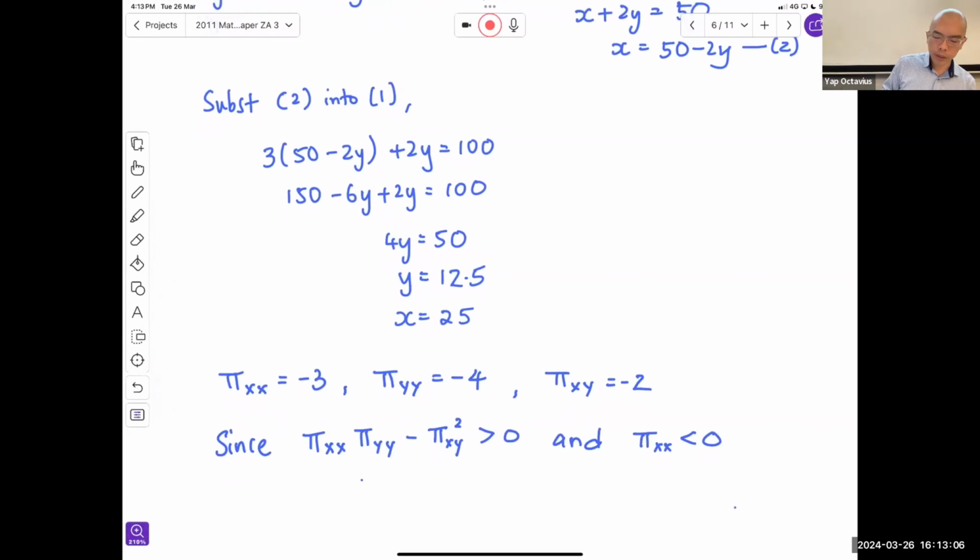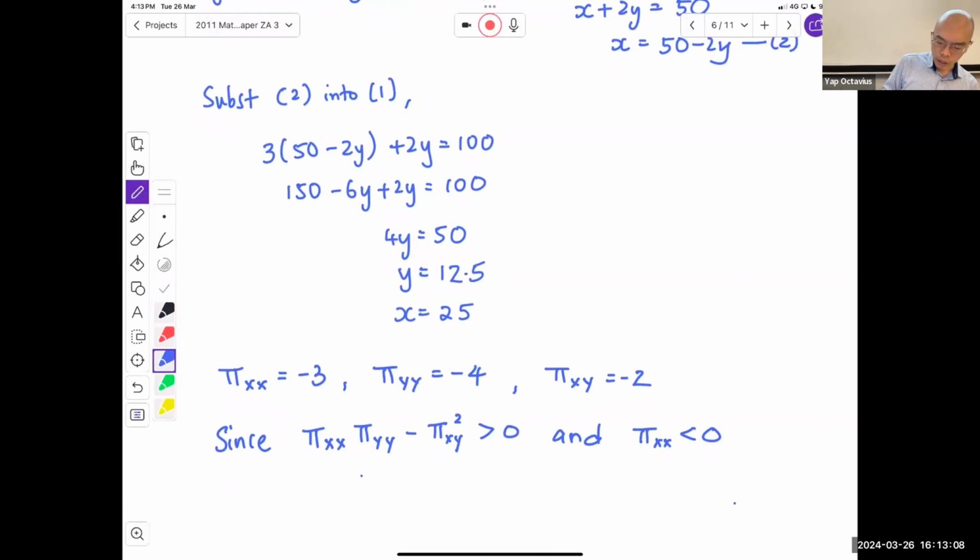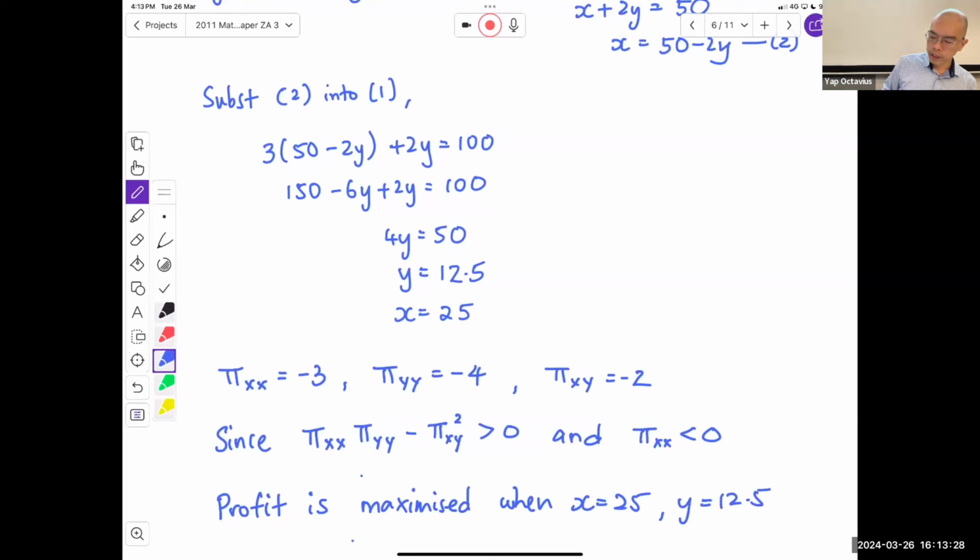So this confirms that our profit is maximized. Okay, so x equals 25, y equals 12.5. Okay, so that's the standard part that is being tested. So we concluded the whole part where we find the quantity.